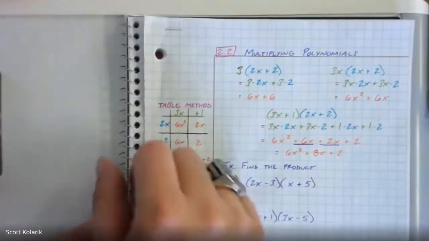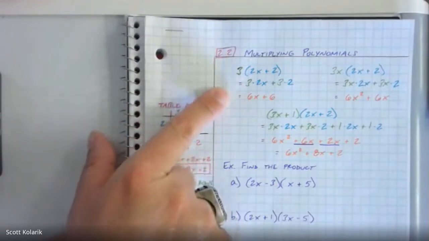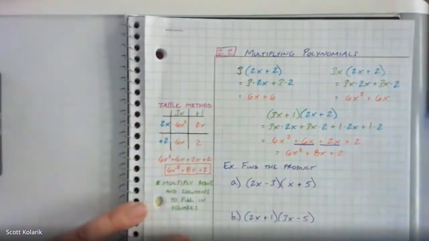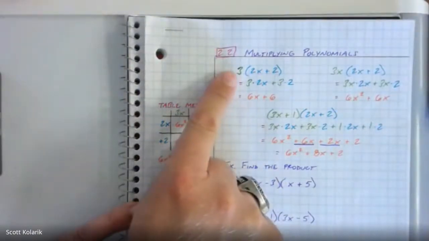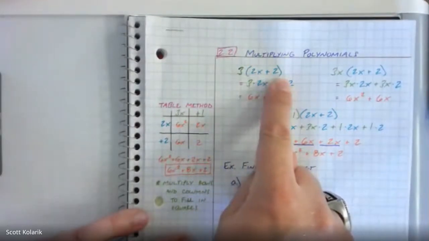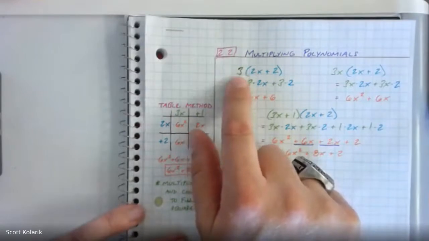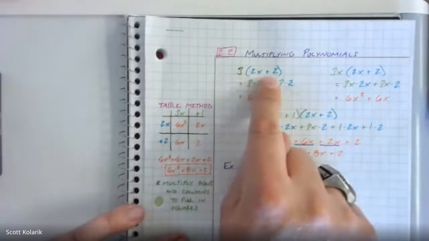But for today, I'm going to start by reviewing the process of distribution. This is a problem that many of you have seen for a long time, dating back to middle school, and maybe in some cases even before. If ever I have some object, a monomial, multiplied by a parentheses, I'm going to do the operation of multiplication, but I'm going to take that front object and multiply it throughout every object inside the parentheses.